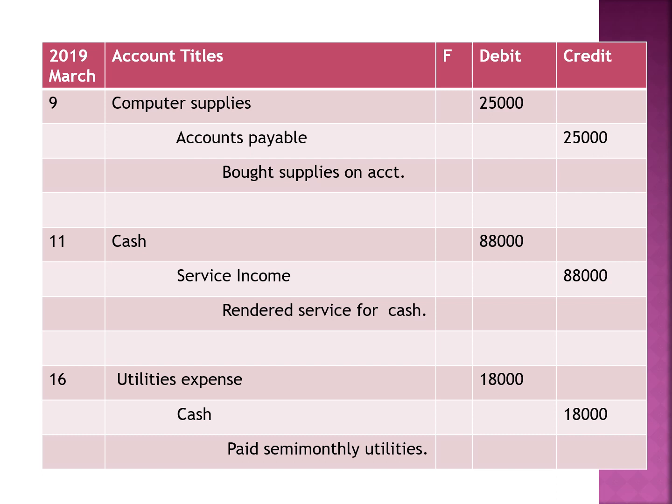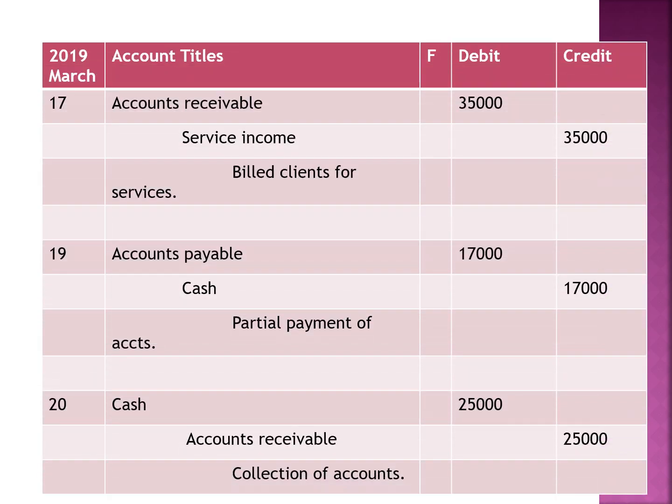Leave one space before writing the next journal entry. So March 17, we have accounts receivable, service income, debit amount 35,000, credit amount 35,000. The brief description of the transaction, billed clients for services. It can also be billed clients for services on account.